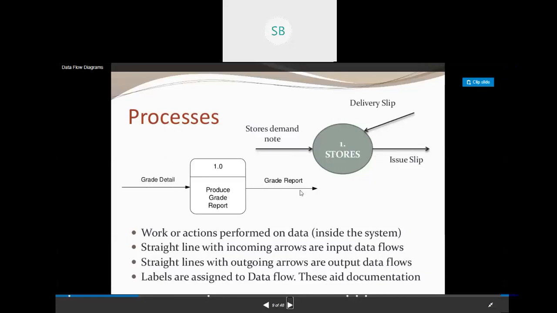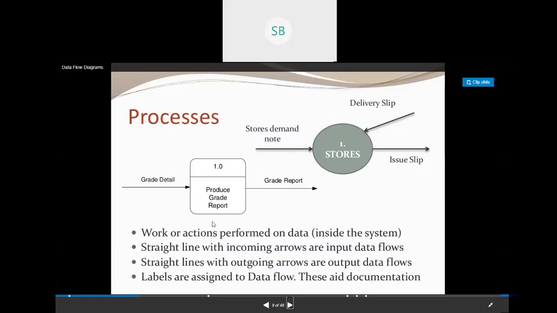As I mentioned, for processes you have to use some verb phrase, like process, it's a process for grading the report, it's a process for storing something. So what is the data you are passing? You are passing the grade details, and you are getting the grade report. This is just an example, but this is a data flow and this is the process. Similarly, this is the data flow and this is the process.